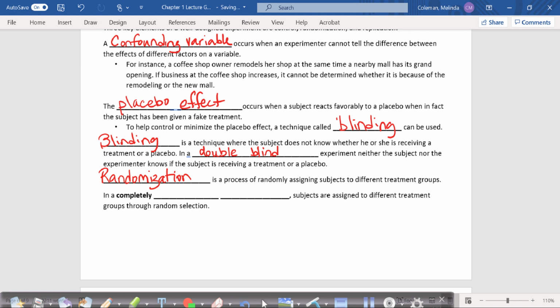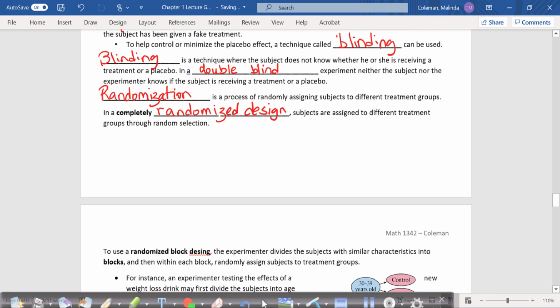In a completely randomized design, subjects are assigned to different treatment groups through random selection. So literally just randomizing. The first person who comes in goes to one side, the second person goes to the next side, and you never know for sure who is going to get the treatment.